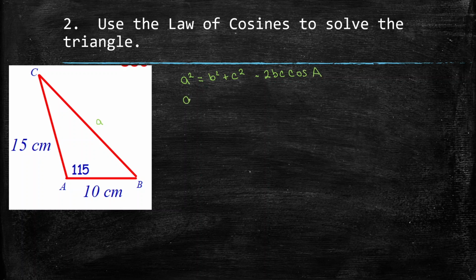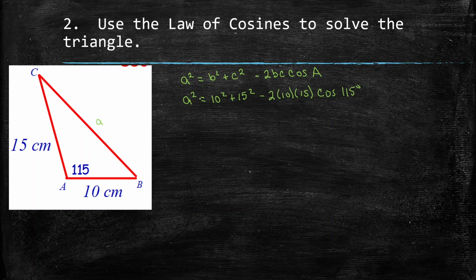So A squared equals 10 squared, 15 squared minus 2 times 10 and 15, and then cosine of 115 degrees. And I'm not going to put that into the calculator for you.